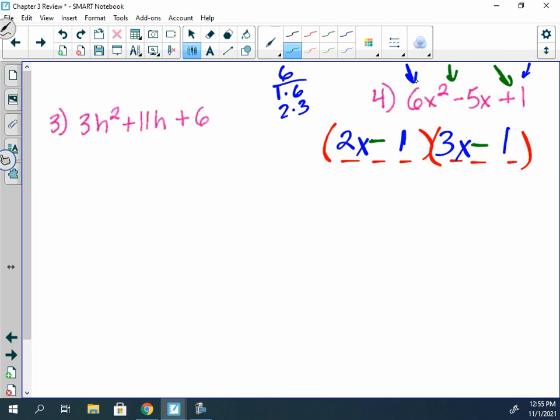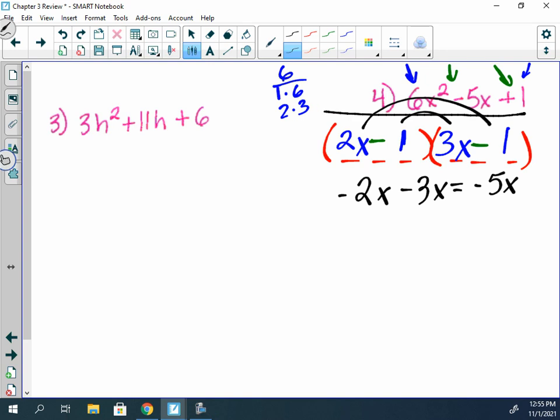Now last but not least, we need to check it. 2x times negative 1 and negative 1 times 3x gives us negative 5x, which is exactly what we wanted. So these here are the factors.